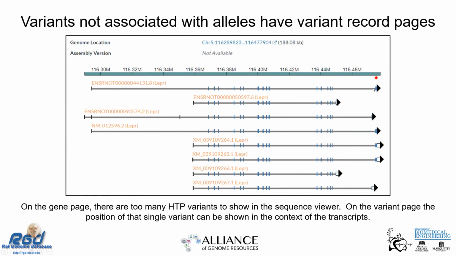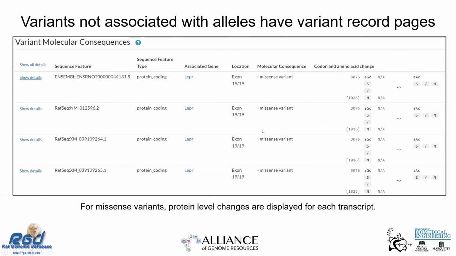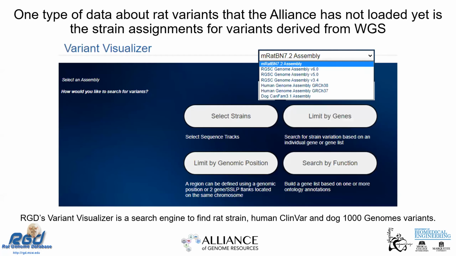So here you can see that the variant is at the far 3' end of the gene. And again, you have the consequences displayed for each of the transcripts that are associated with that gene that the variant overlaps.